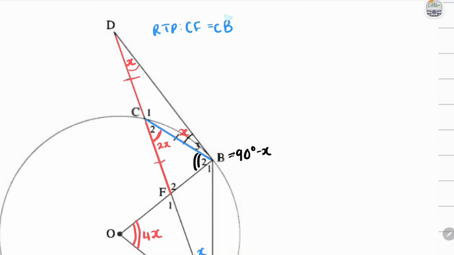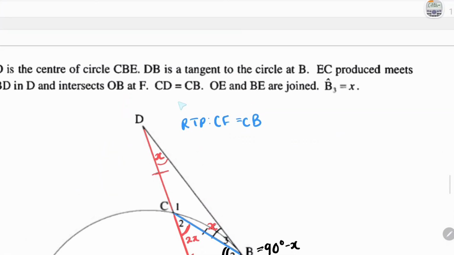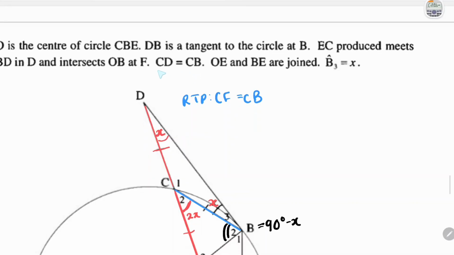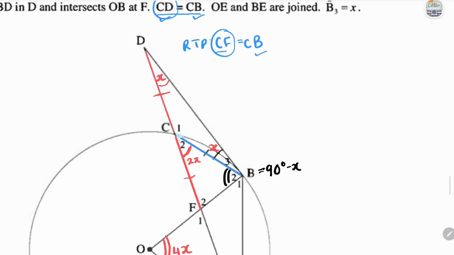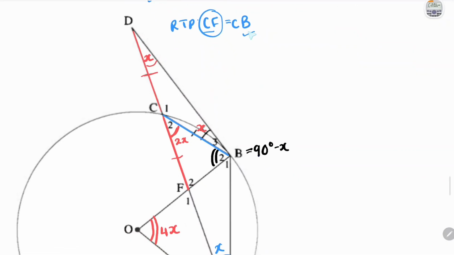And if these two are equal, they already told us from the start that CD is equal to CB. So if these two sides are both equal to CB, then they are also equal to each other, and that would prove that CF is indeed equal to CD. Okay, so this is our goal.